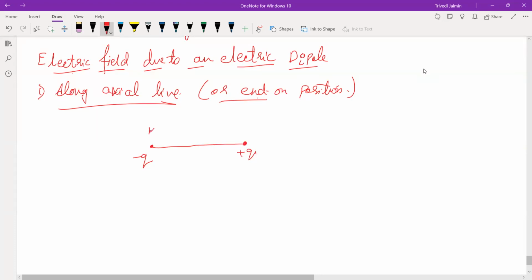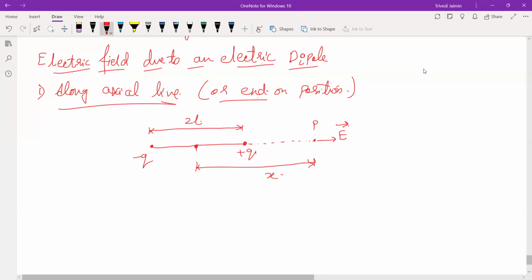So the distance apart is 2L, and we are taking a point somewhere along the axis, that is P, where we find the electric field. From the center, the distance is X to position P.